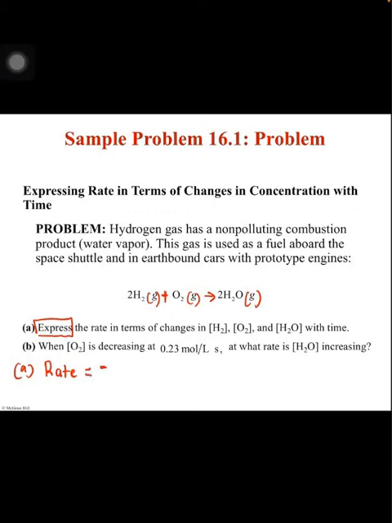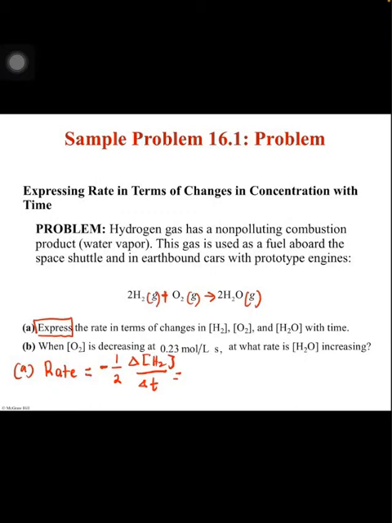Negative. 1 over 2 madam. 1 over 2, yes, that's correct because kita nampak kat situ ada 2 mole of hydrogen gas. Delta H2 over delta T. Okay, yes, that's correct.